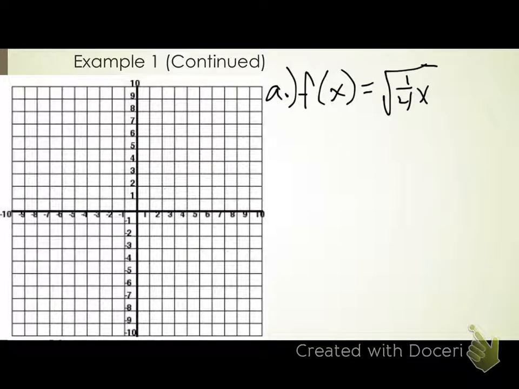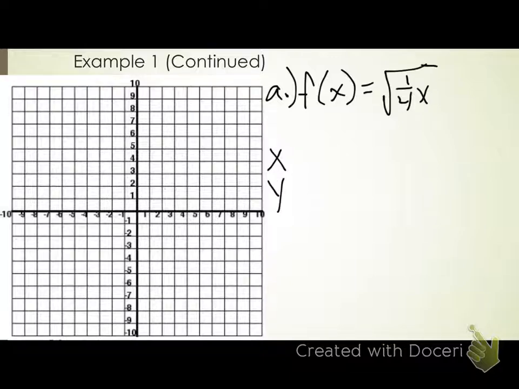It wants me to graph this function and state the domain and range. The way I'm going to graph it is to create a table of values. What might be pretty good to plug in here to get rid of that fraction? Multiples of what? 4. If I multiply this fraction by multiples of 4, it's going to get rid of the fraction.